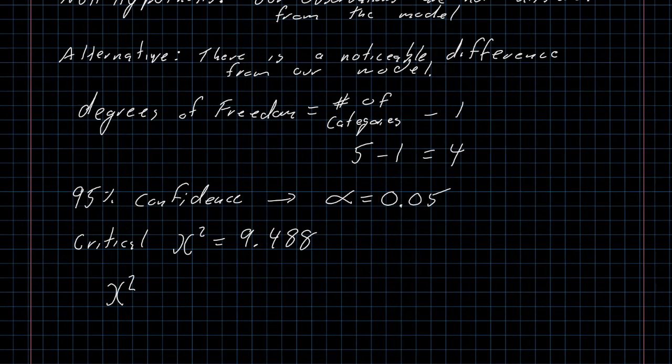The formula for chi-squared in a goodness of fit test is the sum of (O minus E) squared divided by E. And I'll talk more about what that means in just a moment.